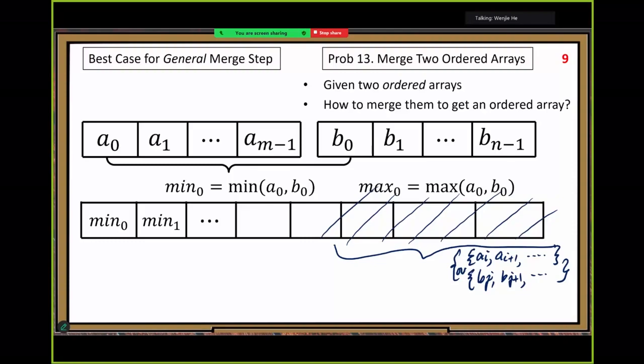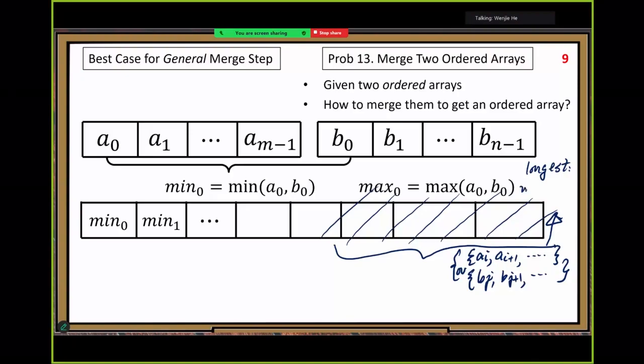The longer, the better. For the B tail case, the longer the B tail, the better. So you can see the longest situation.